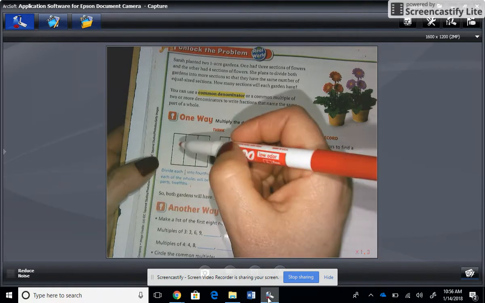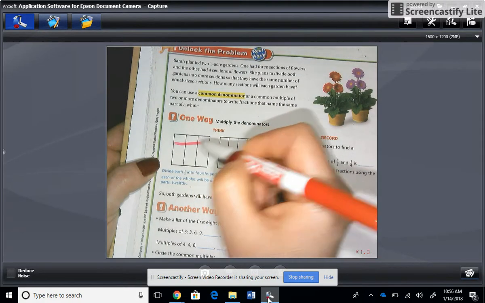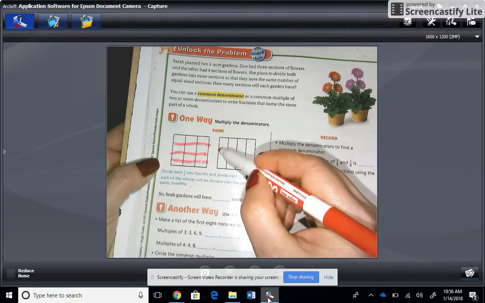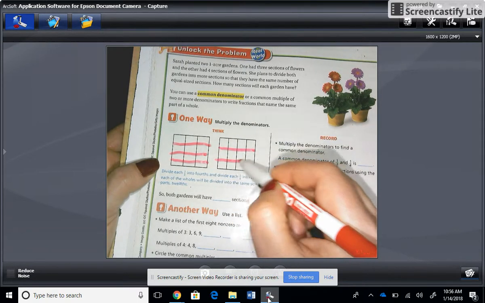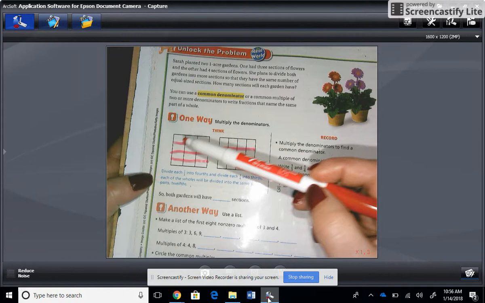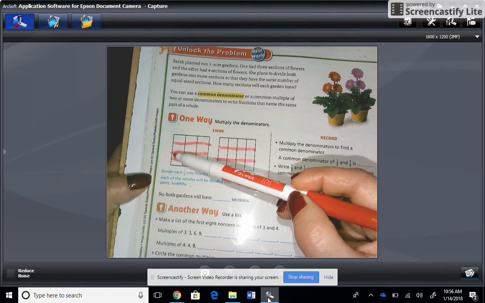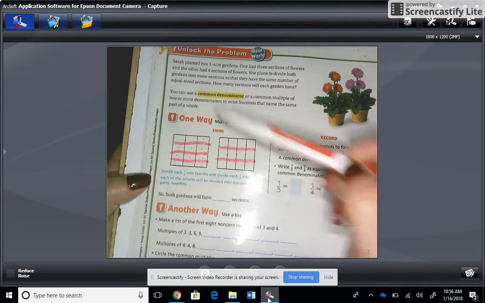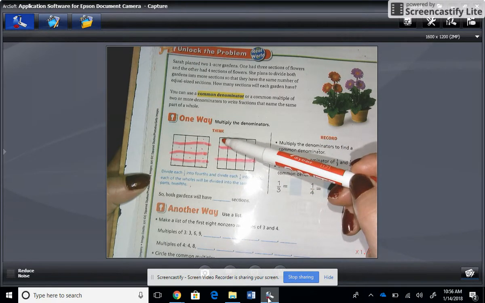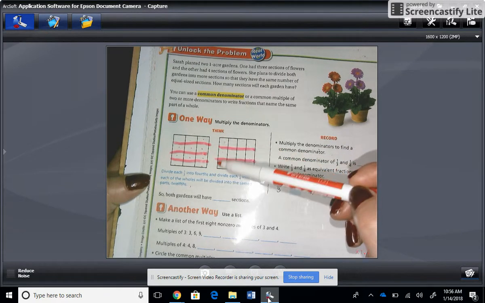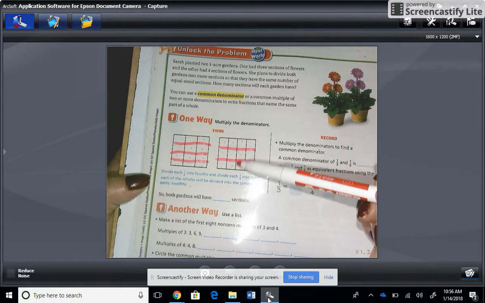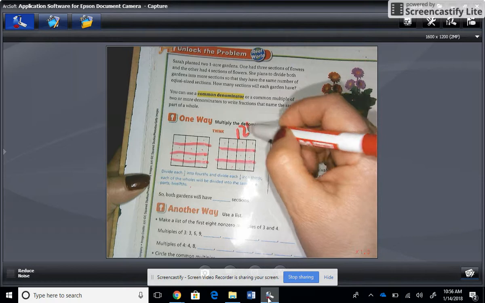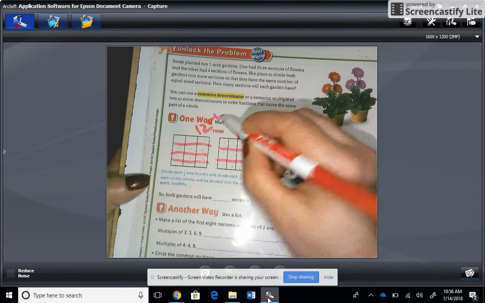How many equal parts do I have here? 1, 2, 3, 4, 5, 6, 7, 8, 9, 10, 11, 12. And here? 1, 2, 3, 4, 5, 6, 7, 8, 9, 10, 11, 12. So both of these are in 12ths.